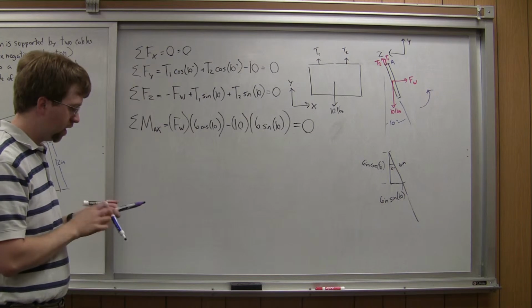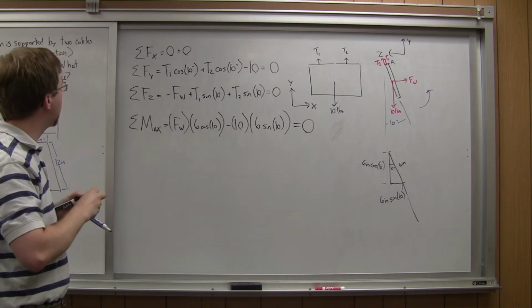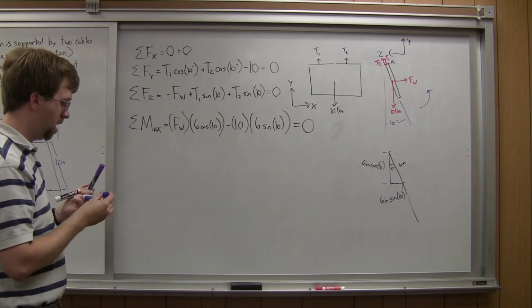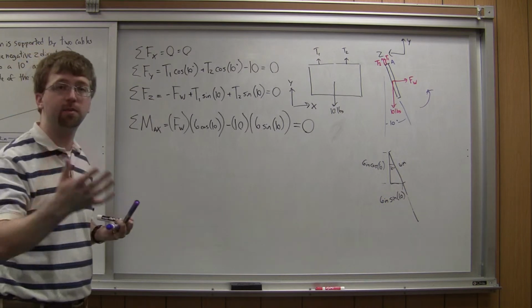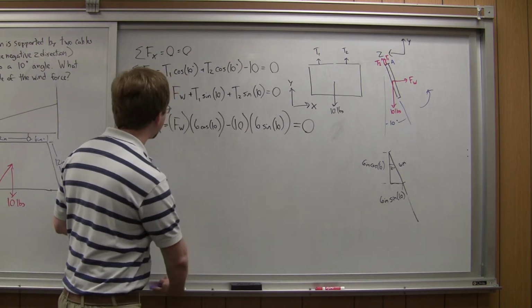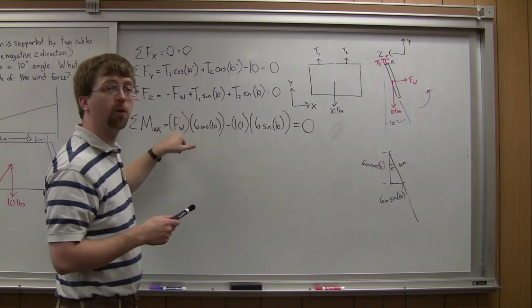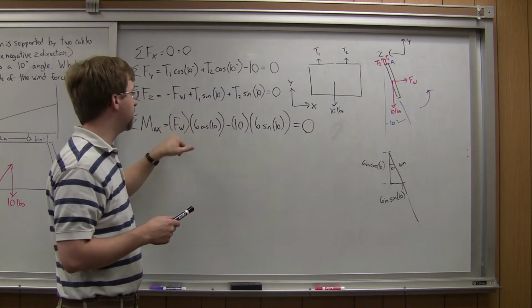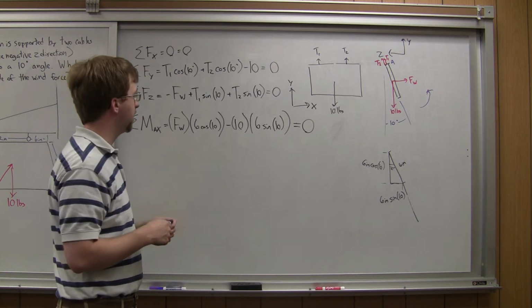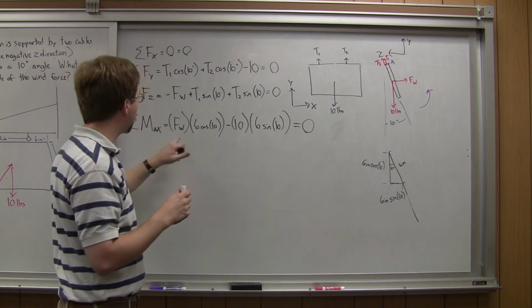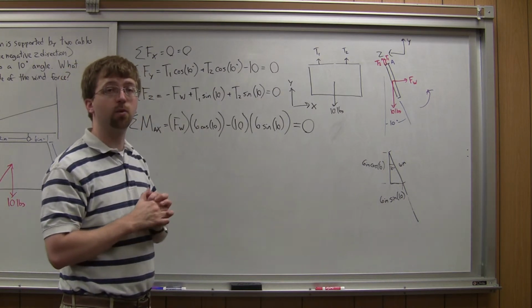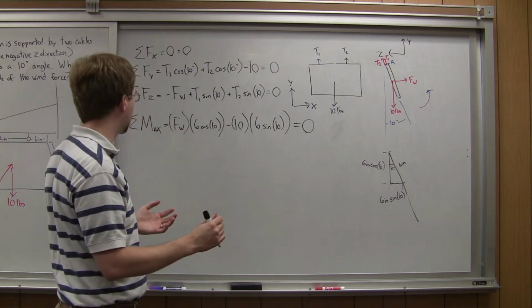All right? So now I've got 4 equations, and I can actually see a shortcut at this point. Here I'm looking to solve for the wind force, and the wind force is the only force that's unknown in this equation. The rest of it, we already know all those numbers. So let's go ahead and solve this equation. That'll give us the wind force, which is what we're looking for.